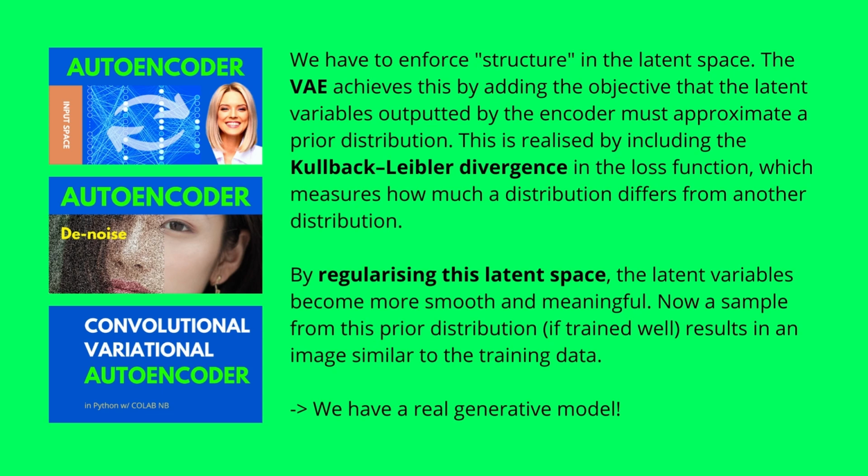And now this regularization and this smoothness, suddenly we have created a real generative model. And this is the beauty of the variational autoencoders. Yes, it is an autoencoder, but there's a significant step from the pure vanilla autoencoder.